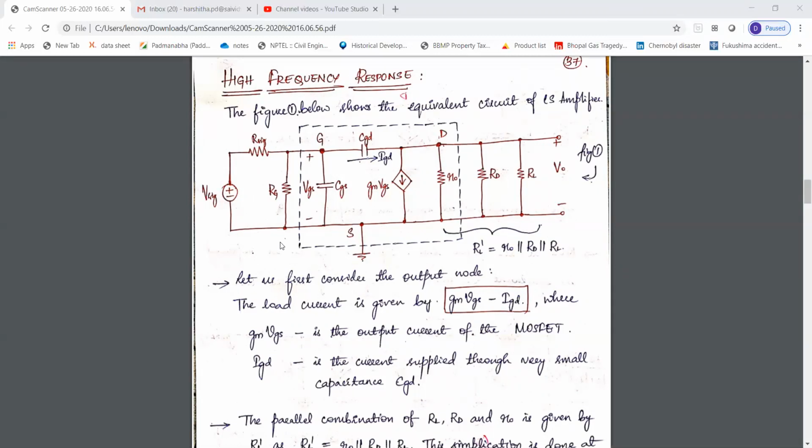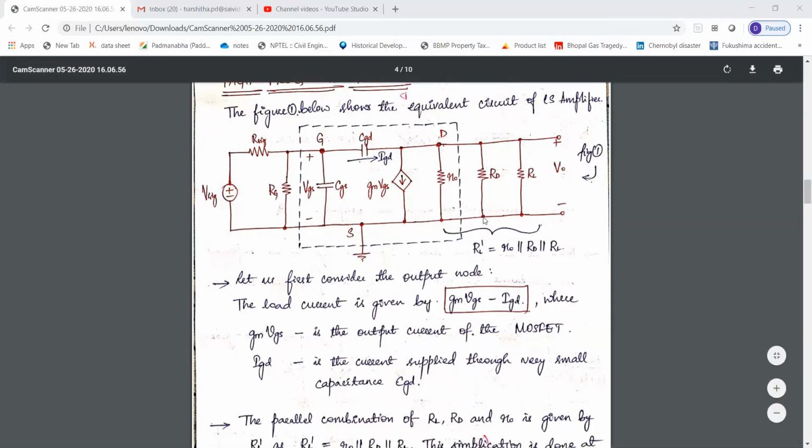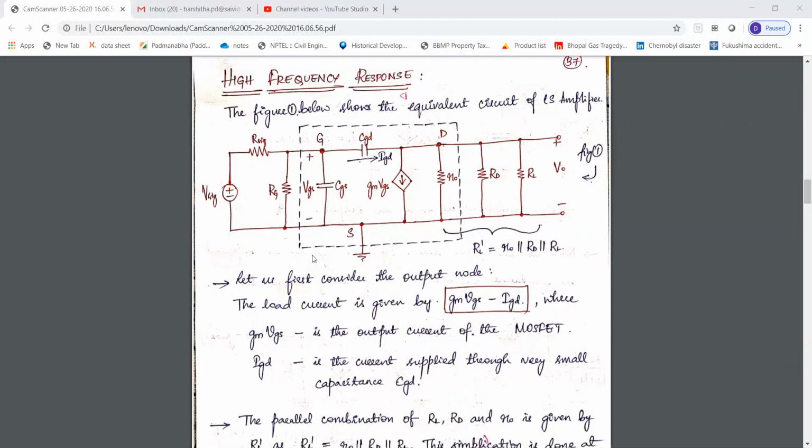So RD is connected to ground. RL you can also see here, and the current source is also short circuited. This VSS is also grounded, so the source terminal is directly connected to ground.